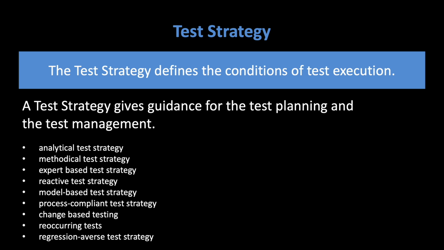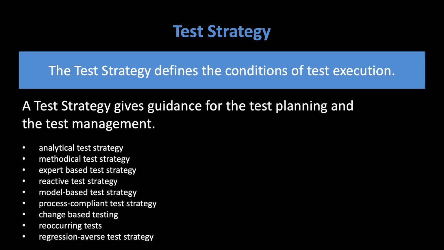For example, you have an expert-based test strategy where you interview experts of the system or of a specific topic and ask them how testing should be done. Or you have change-based testing, which is based on releases or software deployments, and testing is done only after that.